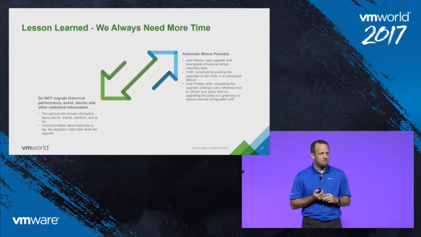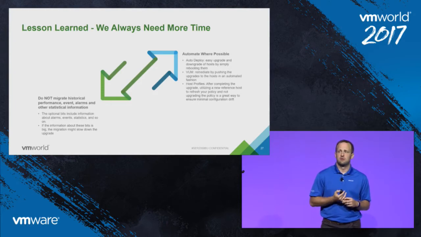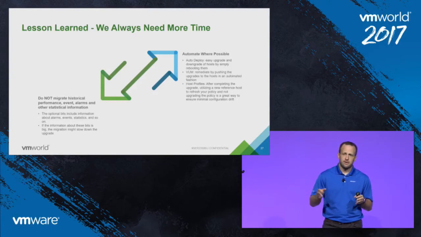We're a big shop of Auto Deploy. The reason being is if I need to upgrade a host, I create a new image, I apply it to the Auto Deploy server, and I reboot my hosts. And they're done. They're all the same version, the same build, they all have the same VIBs, they all have the same configuration because Auto Deploy relies on host profiles to work.